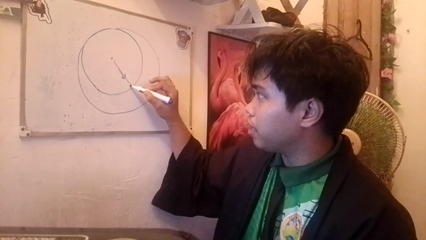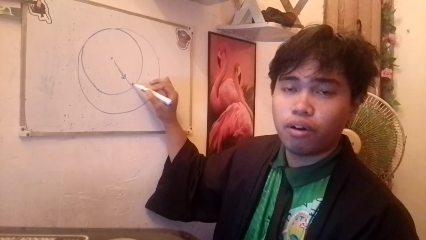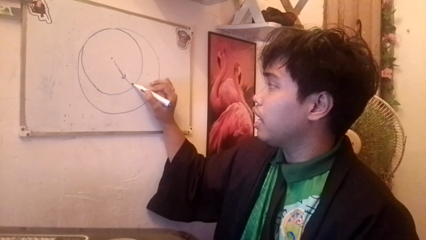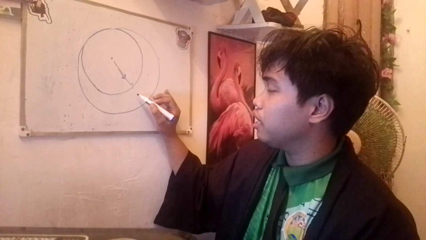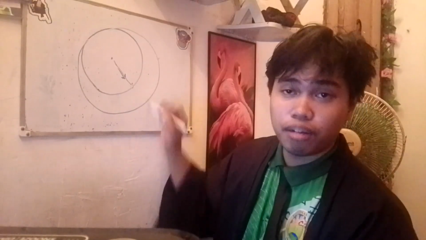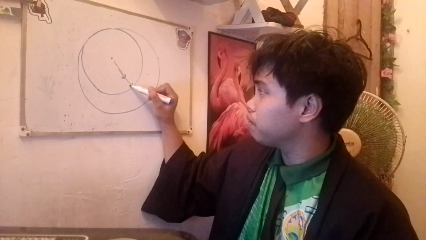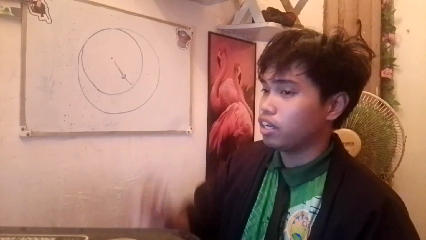When you get there, that is what we call the horocycle, a point of boundary in the Poincaré model. So that is the explanation of what a horocycle is.